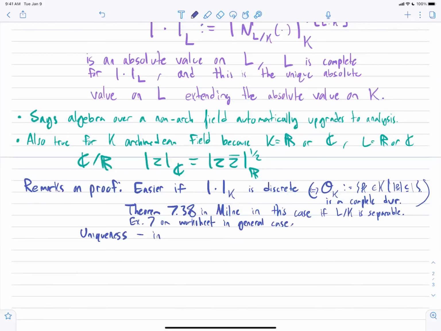For uniqueness, this is really just a very general fact about topological vector spaces, and somehow uniqueness and completeness are tied up in this.